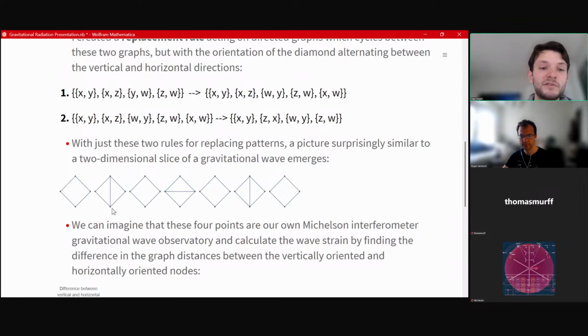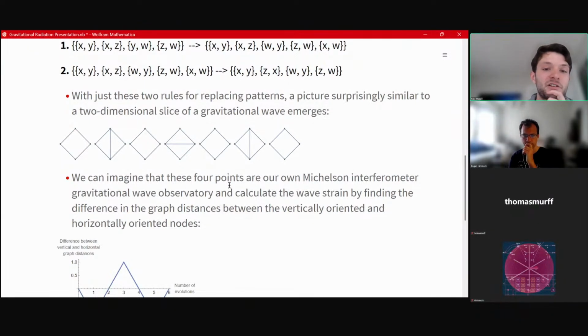because if we use the graph distance, or the number of edges that you have to travel to get between 2 nodes, as a measure of the distance, we could imagine using a beam of light traveling through this network to try and measure the distances here, and we would find the same kind of changes in distances that we expect for a gravitational wave.